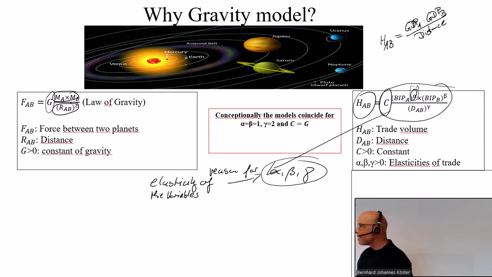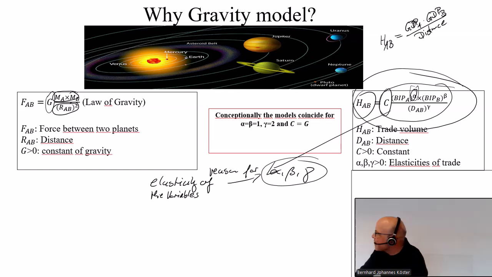And the last one is that if you have such a functional form, then with this functional form, you can also do easily an economic analysis, an econometric analysis, since you can linearize this function. Do you know how you can linearize this function?